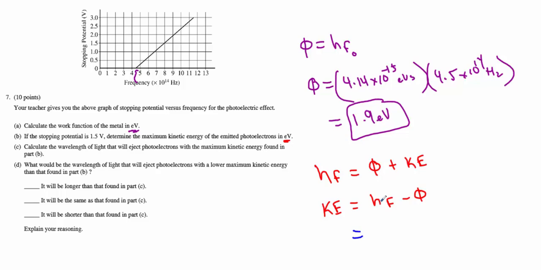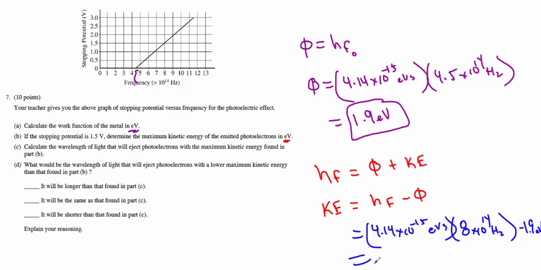So we're going to use, once again, h in eV, 4.14 by 10 to the negative 15 eV seconds, multiplied by the frequency required, which is the 8 by 10 to the 14 hertz. We're then going to subtract our 1.9 eV, and we get 1.4 eV left over. That is the answer.